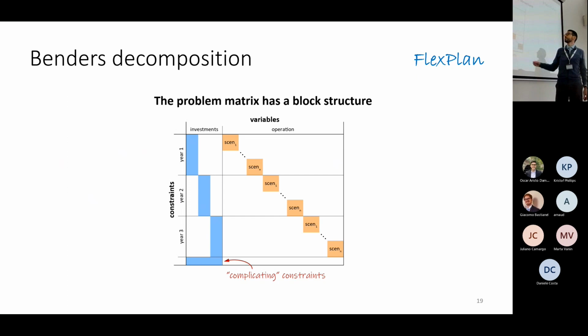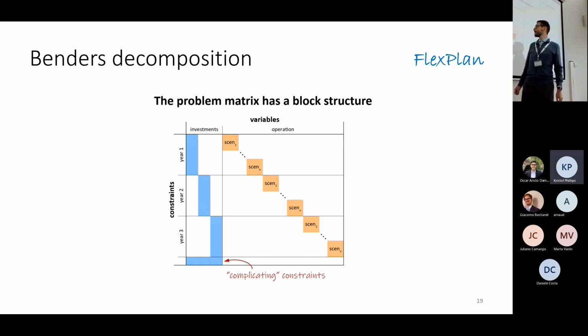Here are represented 3 different investment periods, 3 years, and we have investment variables, whether I decide to build a storage or not, and in which year, and a set of constraints that relates one year to another. If a storage is built in one year, the storage will also be present in the following one.